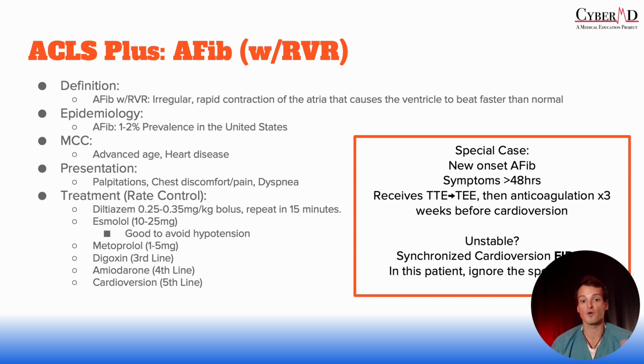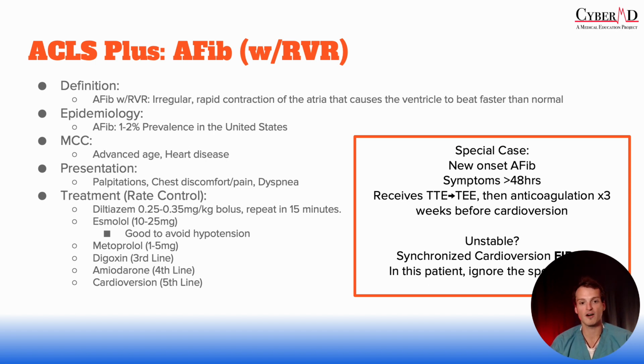And AFib overall is not that uncommon. The estimated prevalence in the United States is somewhere in the 1 to 2% range. And that's, again, going to mean for every 100 people you meet, 1 to 2 of them are going to have experienced AFib at some point throughout the rest of their lives if they haven't already.